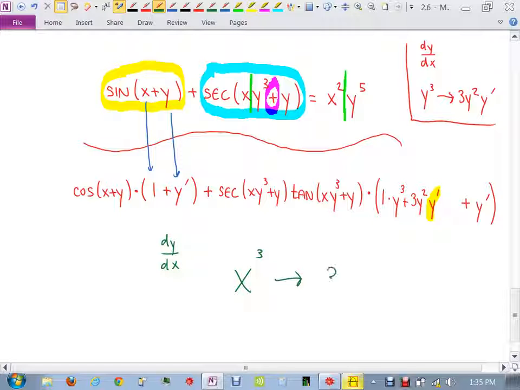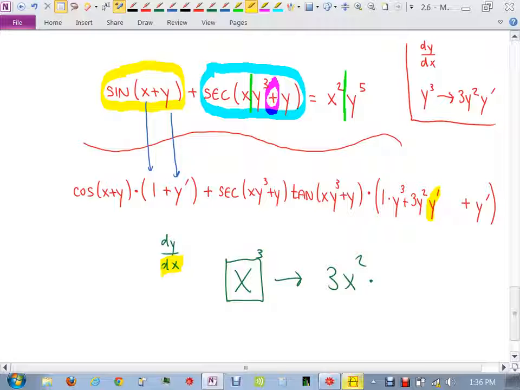This derivative would be 3x squared, right? That's 3 junk squared times the derivative of junk. But in this case, I'm saying what's the derivative of x? X is my junk, right? The derivative of x with respect to x is 1. That's right. It's always been a 1.